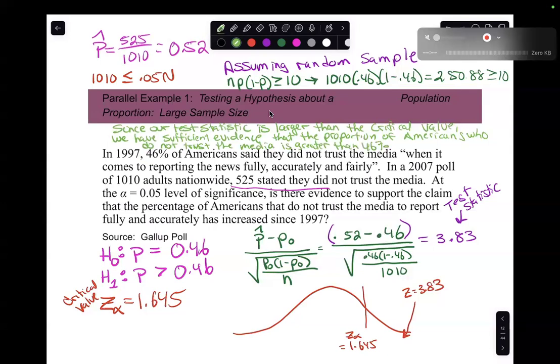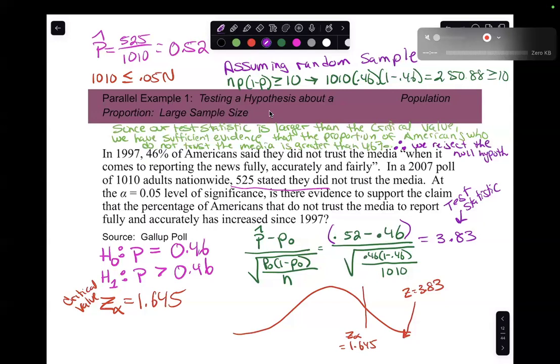I'm going to have to go down the side a little bit. Therefore, I'm going to put 3 dots. These 3 dots in math talk mean therefore. So therefore, we reject the null hypothesis. I'm not going to write hypothesis out because I ran out of room. So since our test statistic is larger than the critical value, we have sufficient evidence that the proportion of Americans who do not trust the media is greater than 46%. Therefore, we reject the null hypothesis.